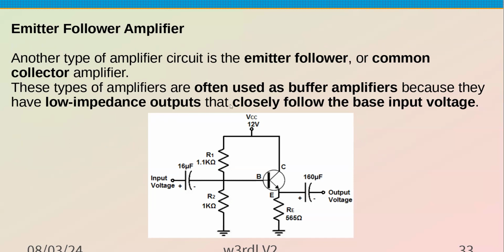This last statement here, the fact that it's low impedance output that closely follows the base input voltage, what does that mean? Is the output in phase with the input? Whereas a common emitter is out of phase, inversion.